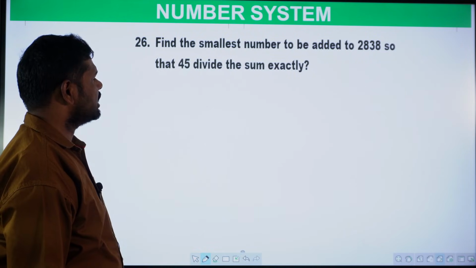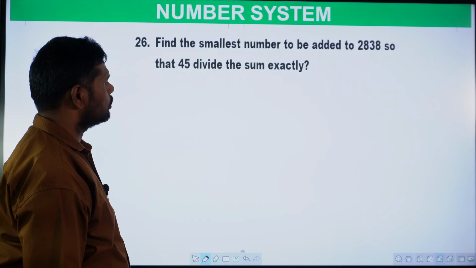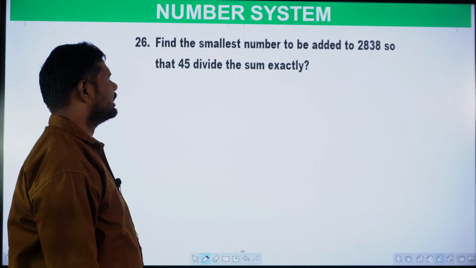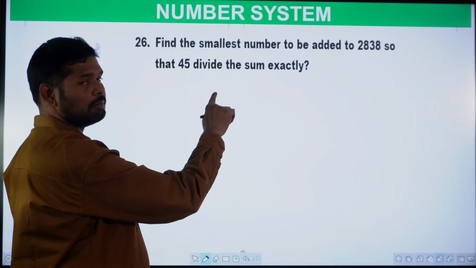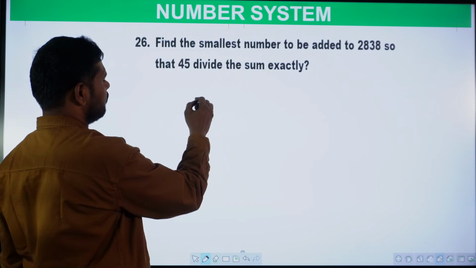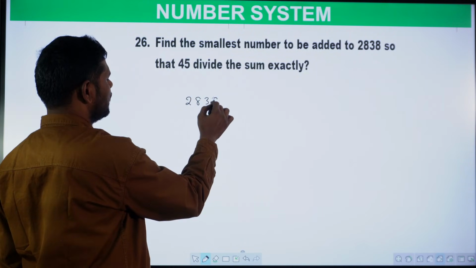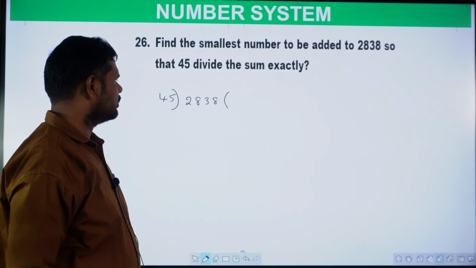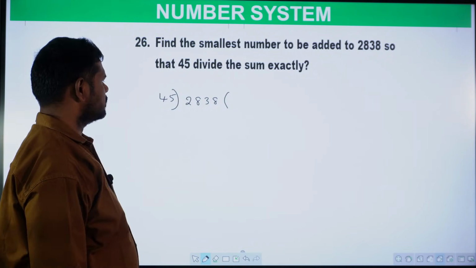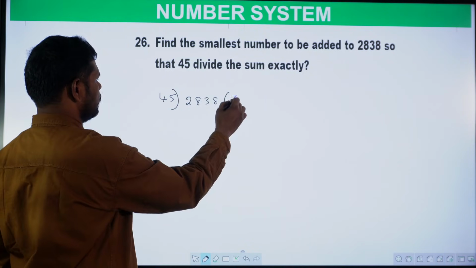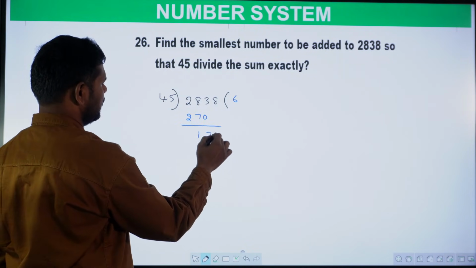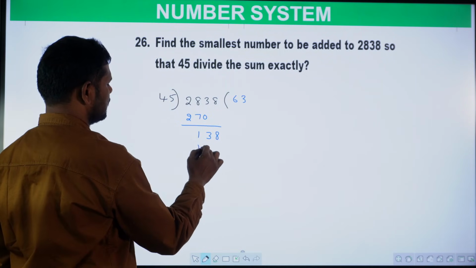Find the smallest number to be added to 2838 so that the sum is exactly divisible by 45. So simply you divide 2838 by 45. 45 fours 180, 45 sixes 270, next 138, 45 threes 135.